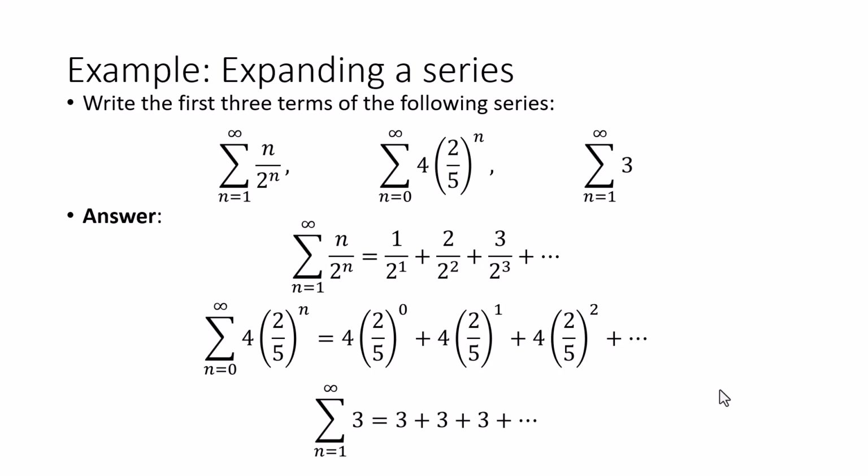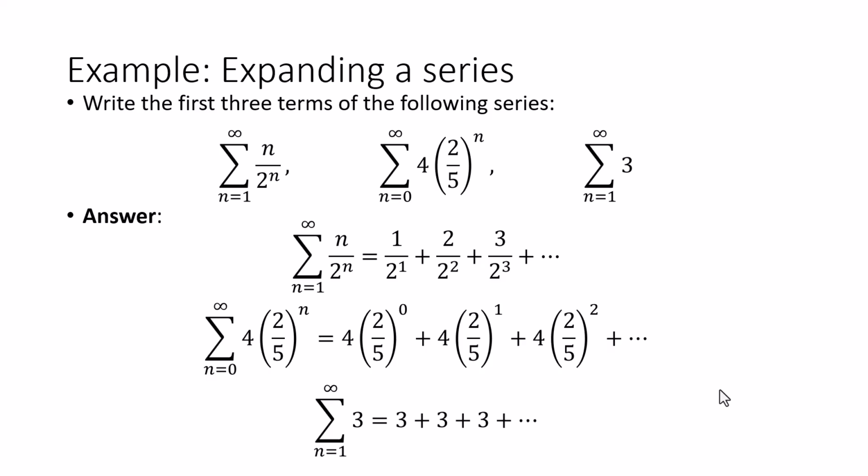So for our first series, from n equal 1 to infinity of n divided by 2 to the nth power, we have 1 over 2 to the first, plus 2 over 2 to the second power, plus 3 over 2 to the third power.